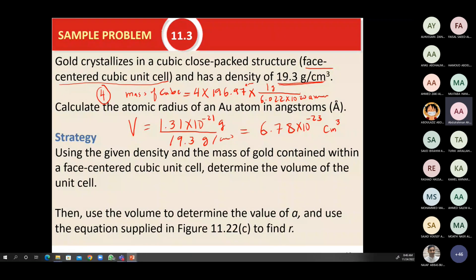What's the relation between centimeter and angstrom? 1 centimeter is equal to 1 times 10 to the power 8 angstrom. Exactly. Find the volume now in angstrom.